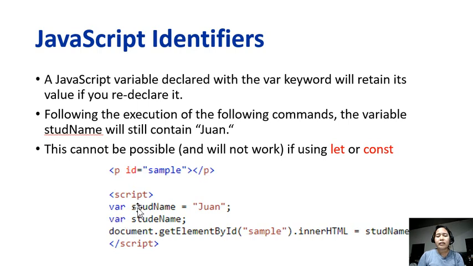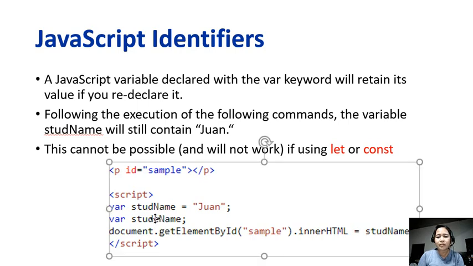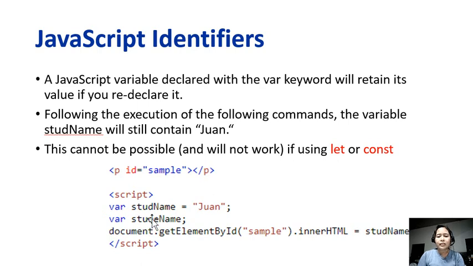Now in this case, because you have initially already declared stood name and assigned it a value of 1, if you declared it again, kindly ignore the letter E on the second declaration. Assume that both of these are exactly the same names, and just assume that these are both the same spellings.